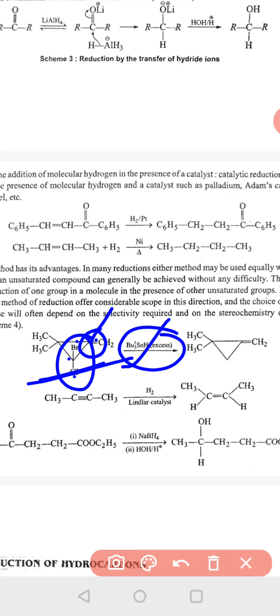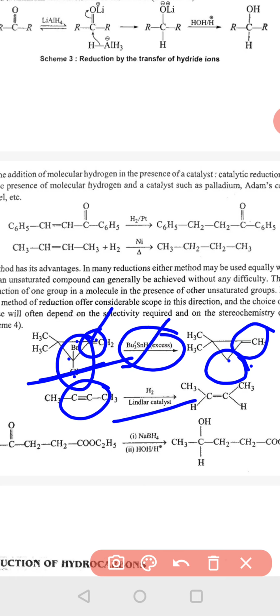removed and we get this product where a molecule of hydrogen gets attached to this carbon, and this C=C double bond is left untouched. In the second example, Lindlar's catalyst is used, and this C triple bond C is reduced to get an alkene.